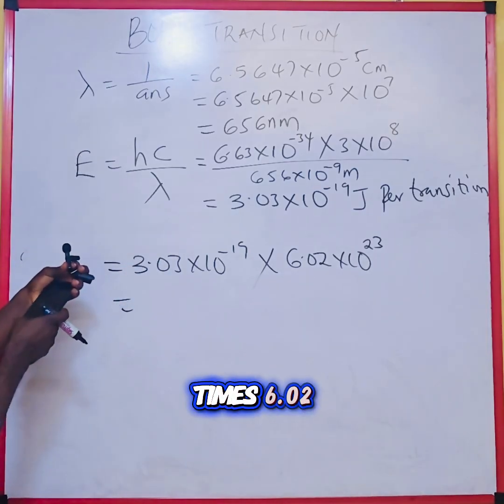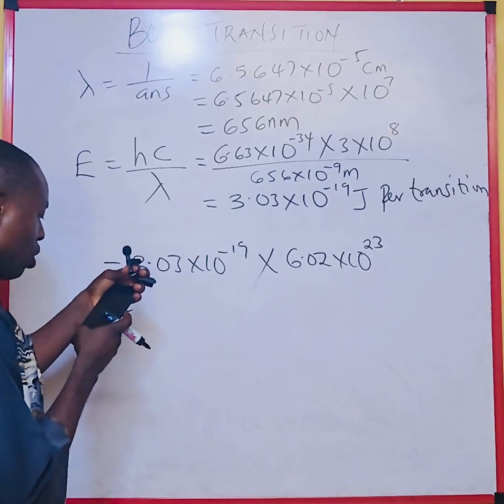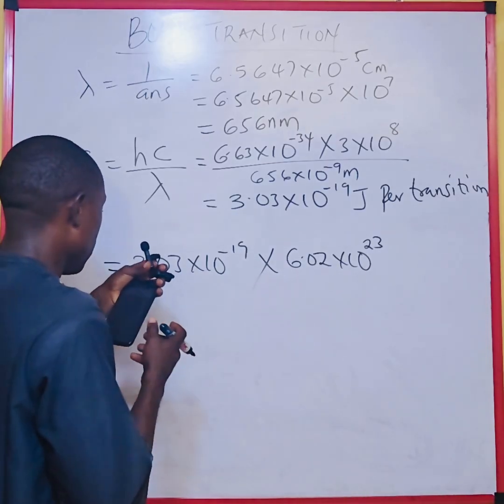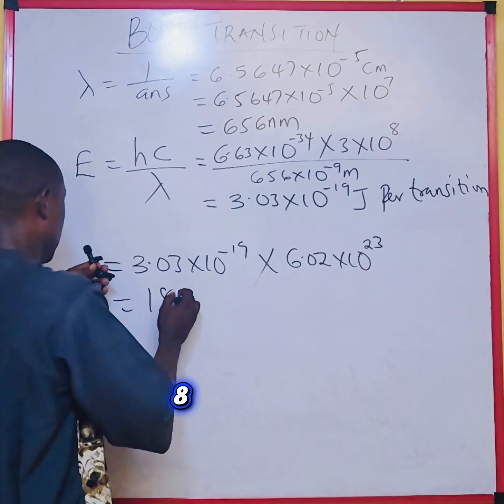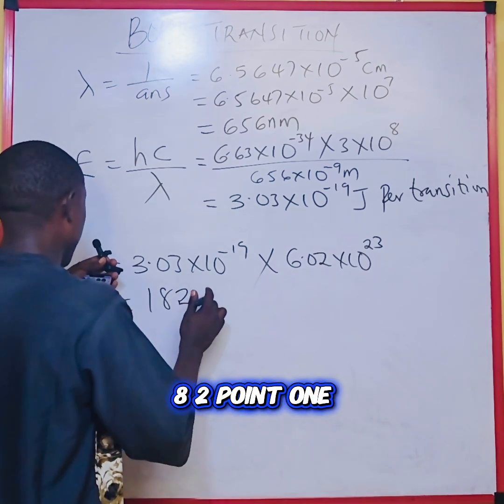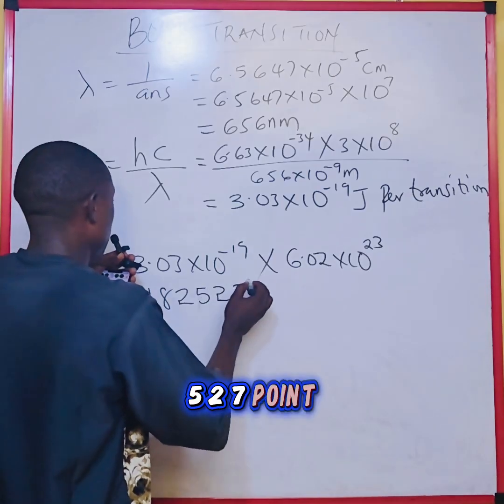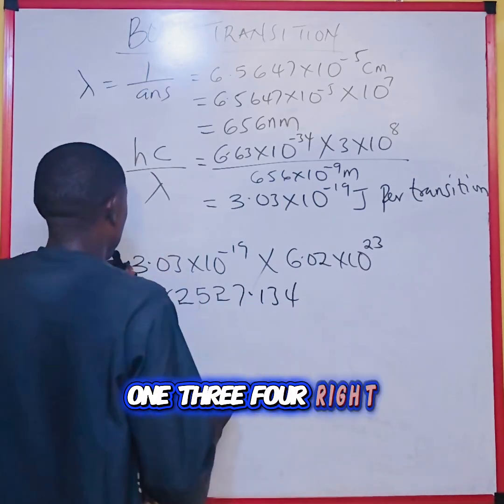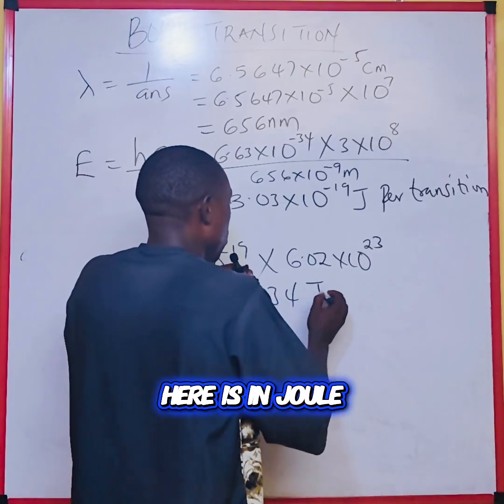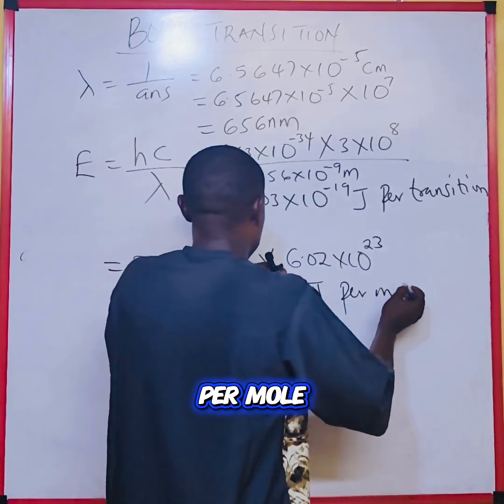So I have my answer to be 182,527.134 joule per mole.